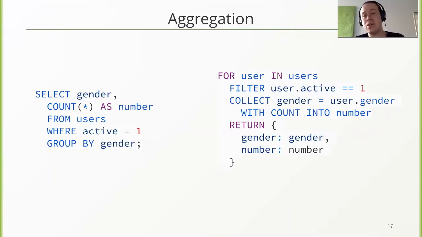So that means all distinct gender values will be collected into the variable gender, and number will then contain the amount of genders that we have. And then we can just return gender and number, and we can figure out how many female and male persons we have stored in our database.